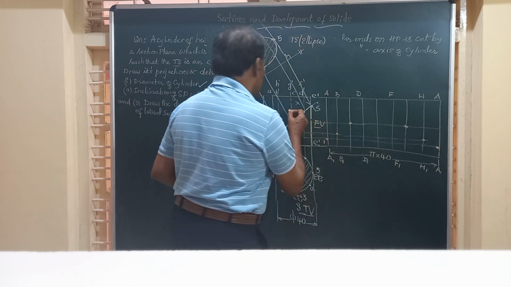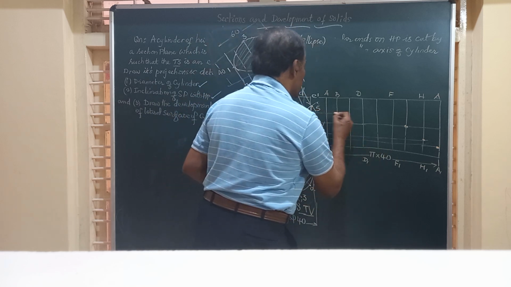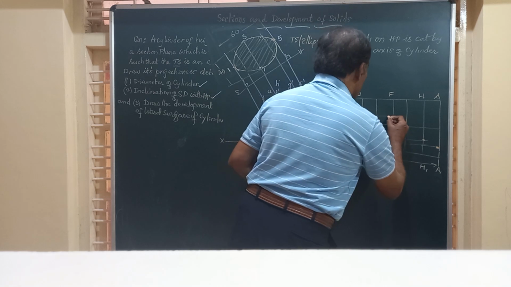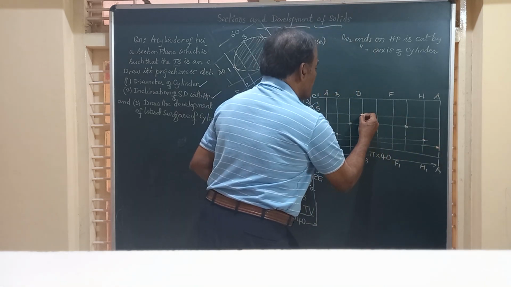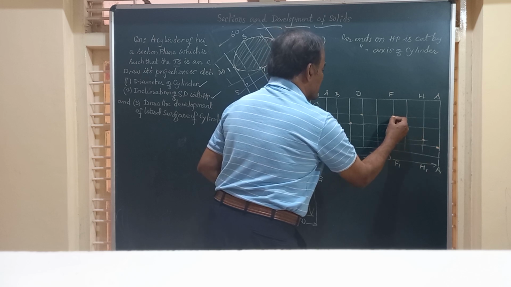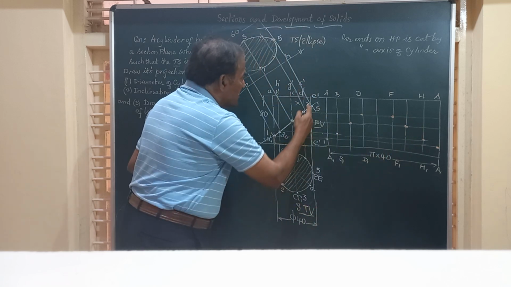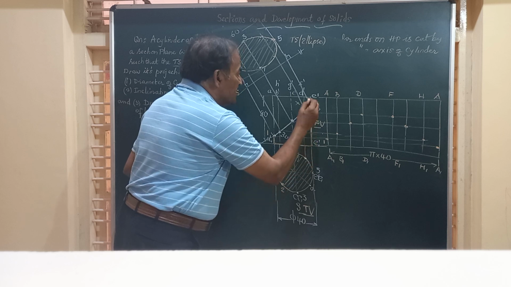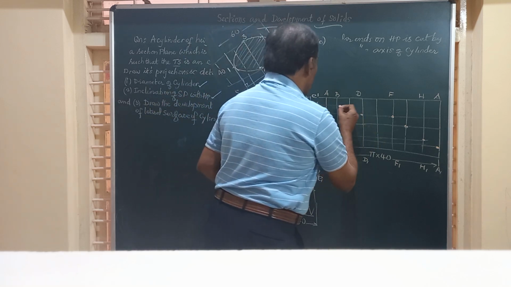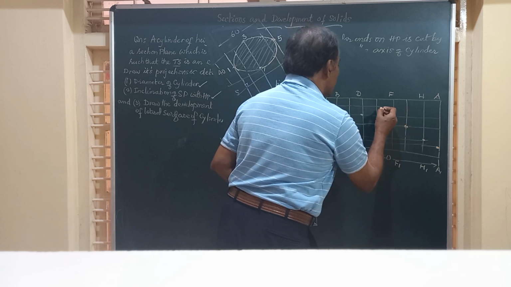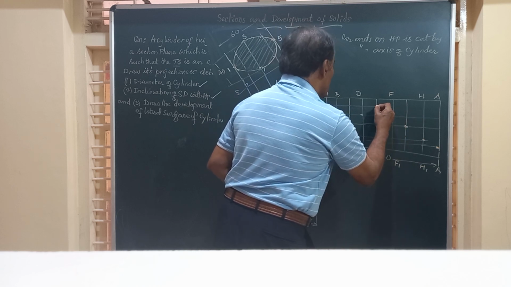On the next line, 4 and 6 fall on this, 4 and 6. So this is point 4 and this is point 6. And finally friends, the last generator E is cut here, that is point 5. So through this you draw a horizontal line and this is going to be our point.